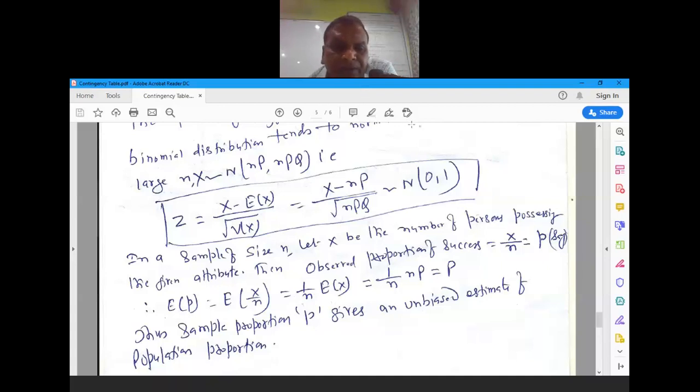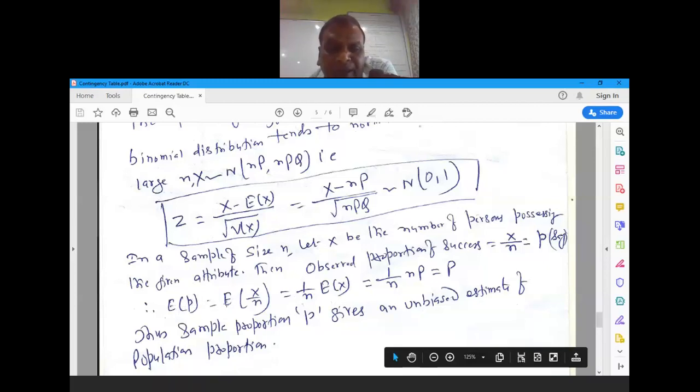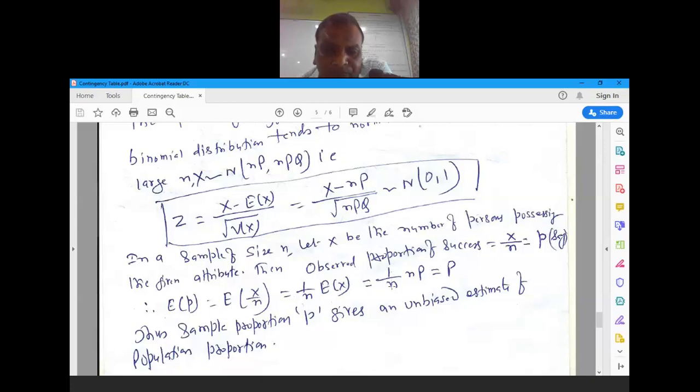So now we take the expectation on both sides. Therefore the expected value of p is equal to, in place of p we simply put x by n. So this is equal to the expected value of x by n, which is equal to 1 upon n into expected value of x, that is the mean, and in place of mean we simply put np.